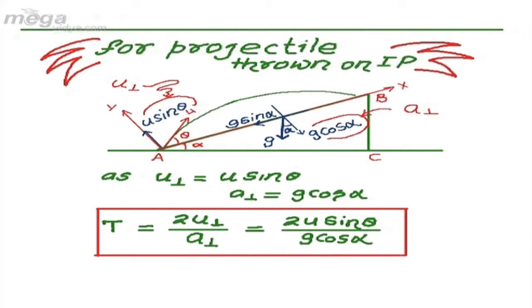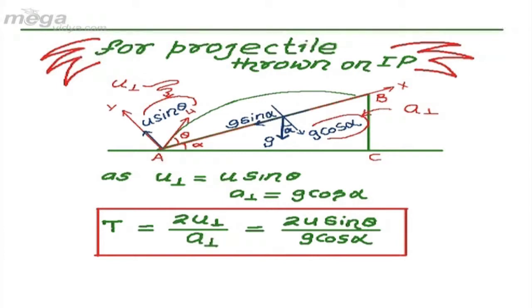If we use this reference frame, then what we observe? We observe that velocity of projection has two components. One component along the incline is u cos theta, and the other component, perpendicular to x direction, is u sine theta.